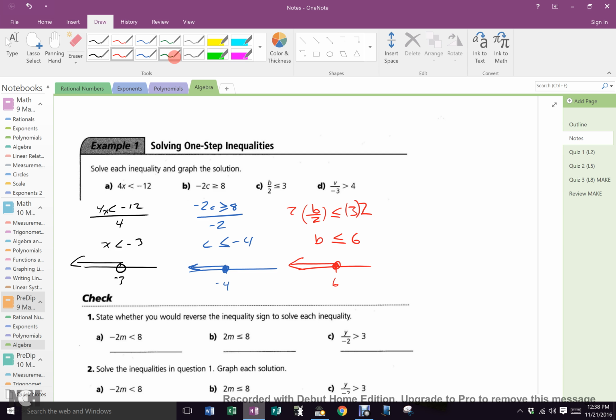And finally, D. What do I multiply by? Negative. Multiply by negative. Yeah, b, what? 9.